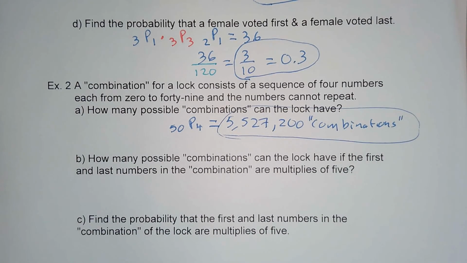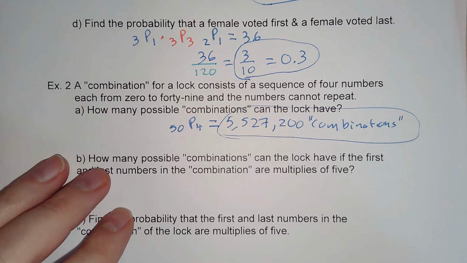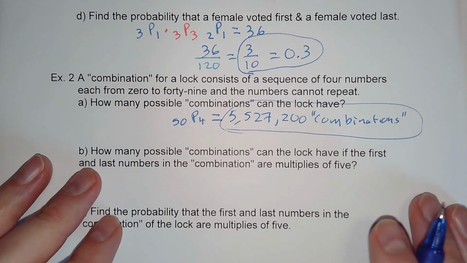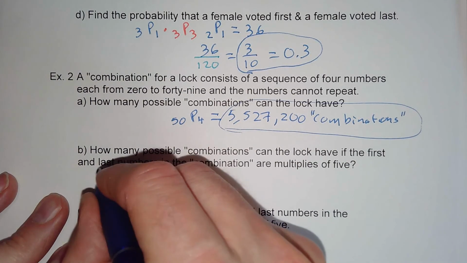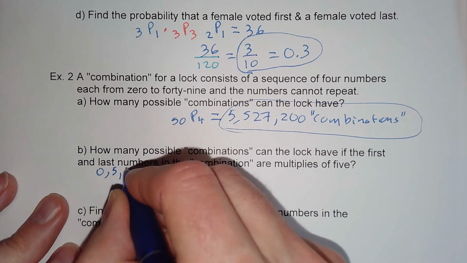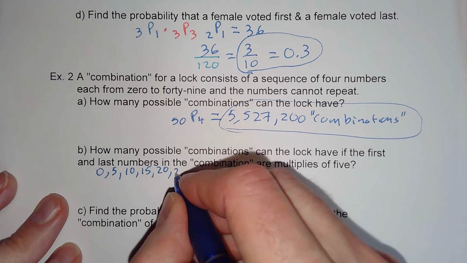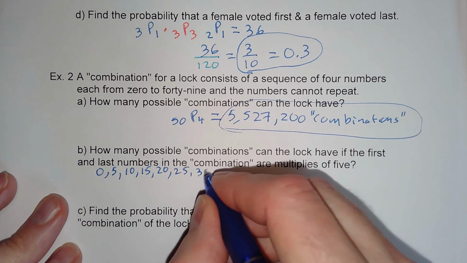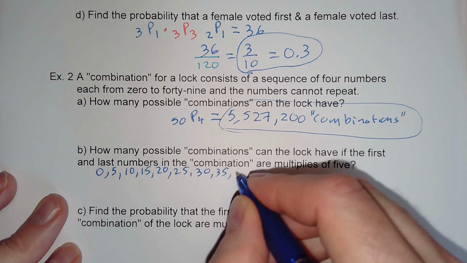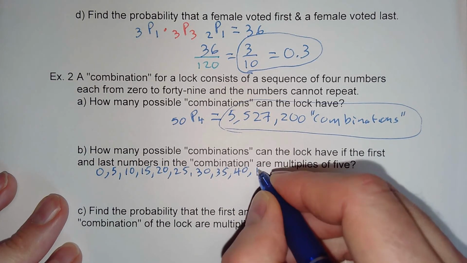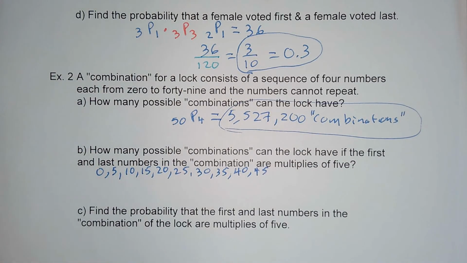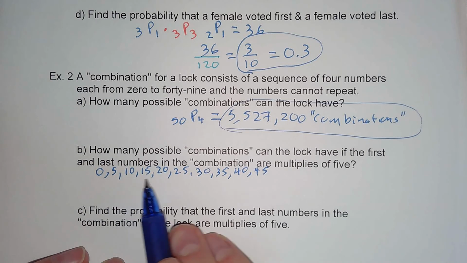Part B then says, how many possible combinations can the lock have if the first and last numbers are multiples of 5? Alright, so multiples of 5, we can have 0, 5, 10, 15, 20, 25, 30, 35, 40, and 45. We don't count 50 because it only goes up to 49. So if we count the numbers here, there are 10 numbers.